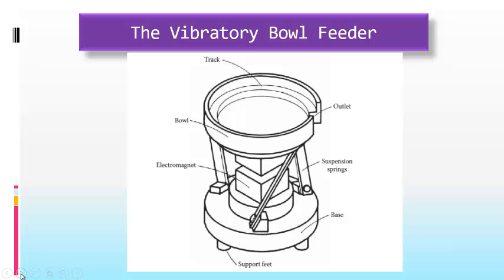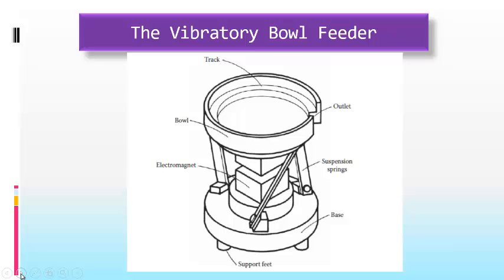The feeder mainly has a base and two magnets, and the magnets are connected to electricity. It also has suspension springs, usually three of them, and they are inclined springs. When the magnets are on and off, the springs will vibrate the bowl, which is on the top of the feeder.